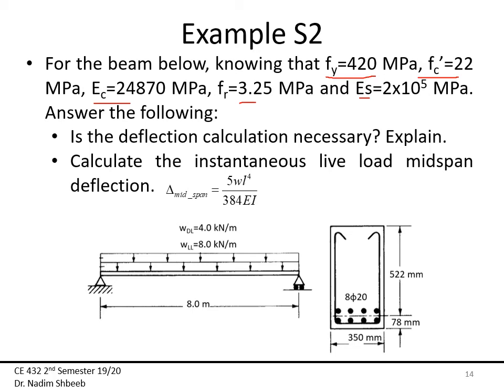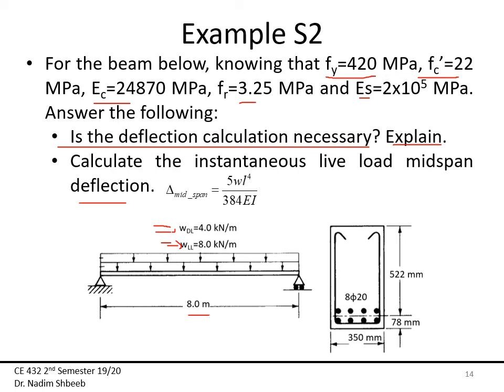And what I want is the following. Is the deflection calculation necessary? Why? Calculate the instantaneous live load midspan deflection, or I want the deflection due to the live load only. Okay. Now the beam that I have is 8 meters in length. My dead load is 4 kilonewtons per meter. My live load is 8 kilonewtons per meter.